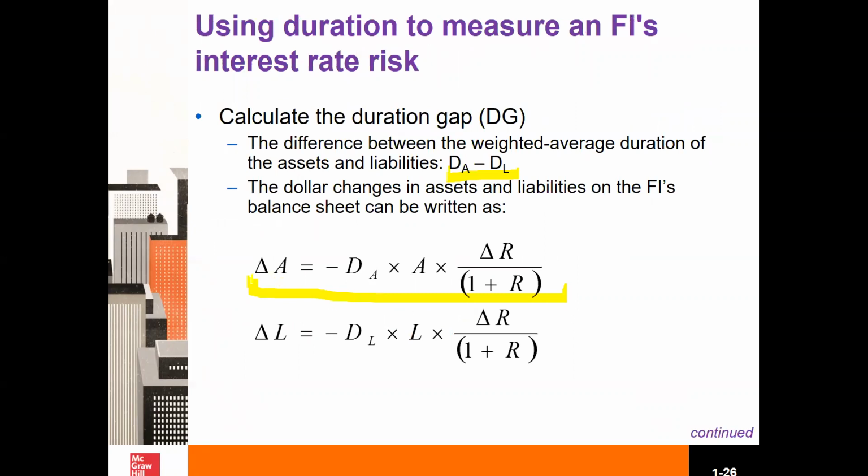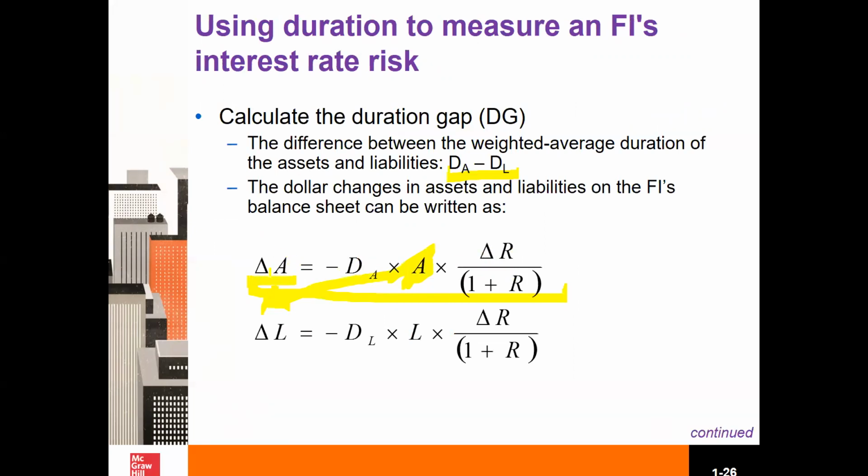Simply, delta A divided by A should be duration times delta R divided by 1 plus R, so this A has been moved over. This is simply a rearrangement of the equation I just showed you in the earlier slide.